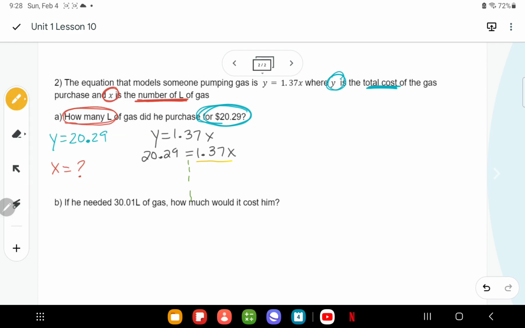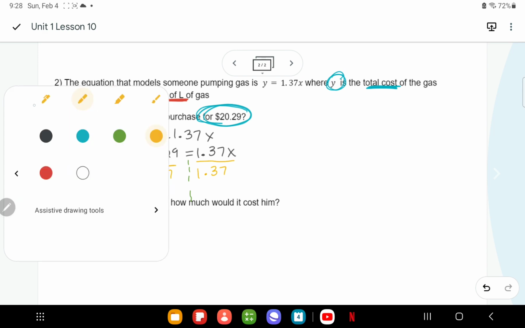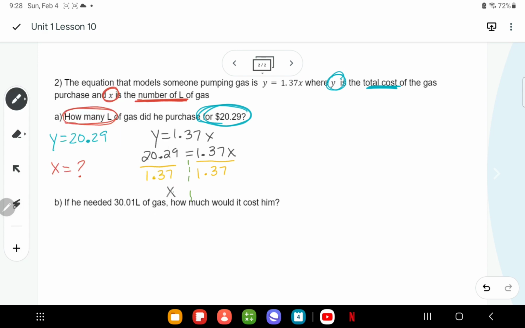This is just a pretty easy one-step equation. We're going to divide by 1.37 on each side. And of course, using our calculator, 20.29 divided by 1.37. So that's about 14.8. We need to include our units. X was the number of liters, so x is liters of gas.